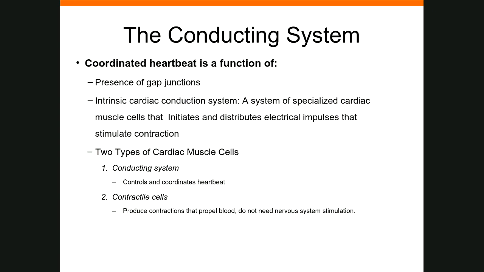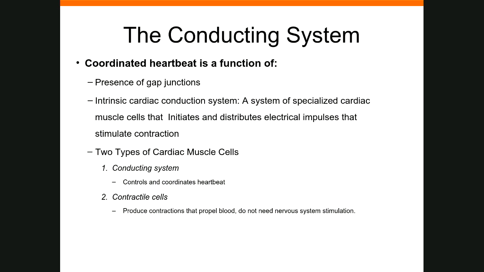If you remember the cardiac muscles, we have those gap junctions that facilitate the transmission of the action potential from one cell to another. They have specialized cardiac muscles that initiate and distribute the impulse from one region to another that stimulate the contractions. There are two types of myocardial cells.